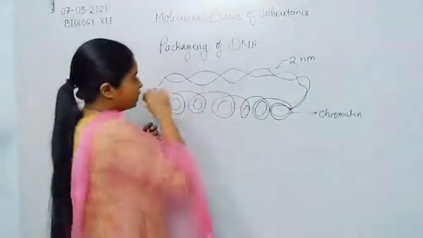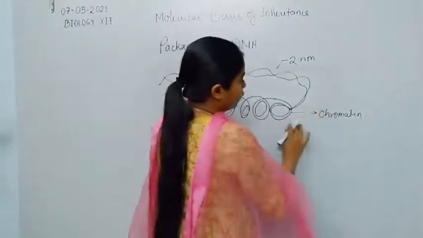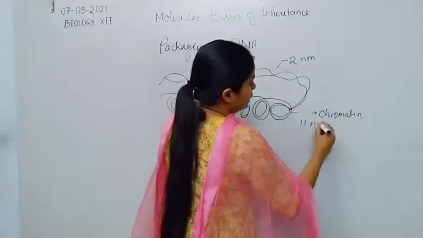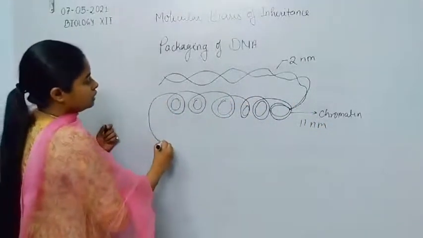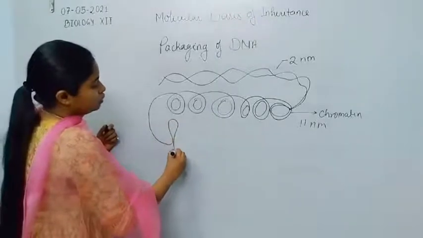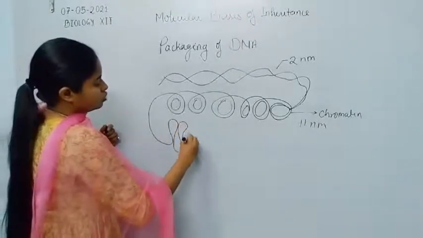In this, the width of the chromatin fiber is approximately 11 nanometers, and when it again undergoes condensation, it forms the solenoid structure.